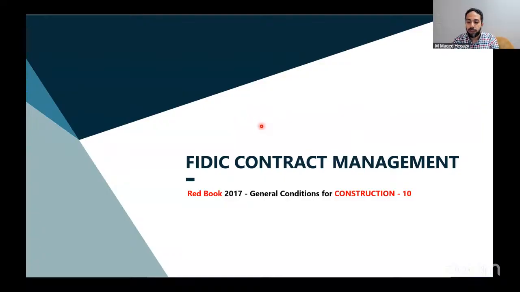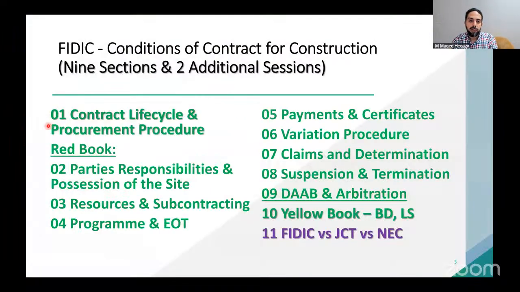Today is the last session, the 10th session. What we did in this course: we started with the contract life cycle, discussing the procurement procedure. Then we went through the Red Book, parties' responsibilities, possession of the site, resources and subcontracting, program and extension of time, from the commencement date to the time for completion, taking over certificate and performance certificate.